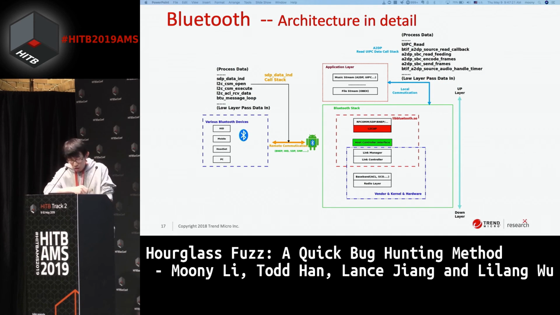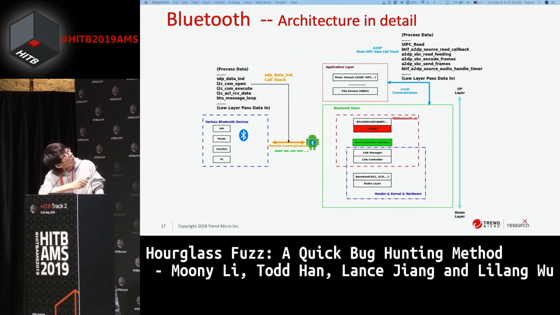Now let's have a view of the architecture of Bluetooth on Android. The Bluetooth stack, as we know, will not only communicate with remote devices, it also provides interfaces for local applications. The left part represents the various remote Bluetooth devices. Here we have a simple code stack example for the SDP, the service discovery protocol.